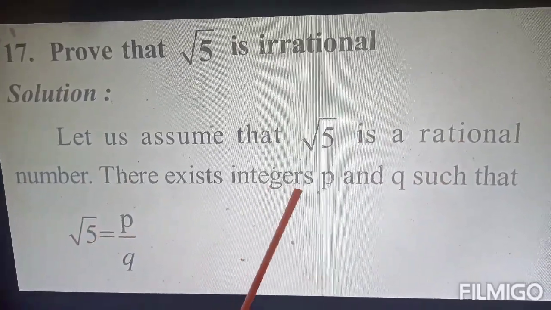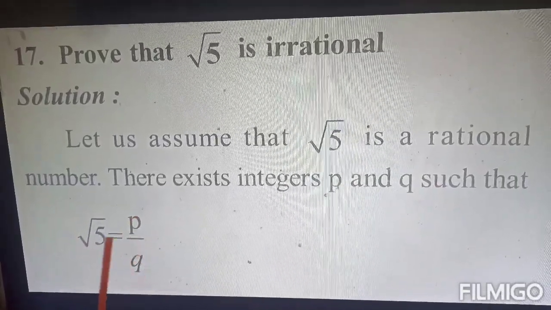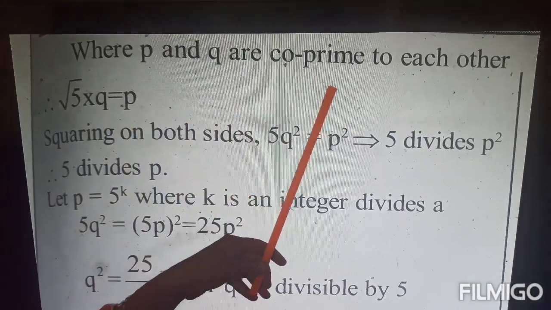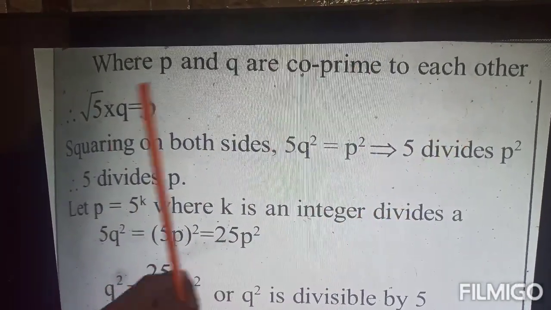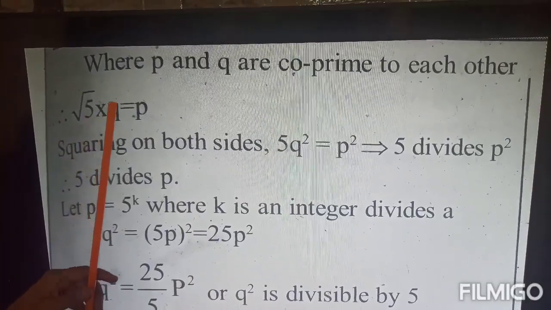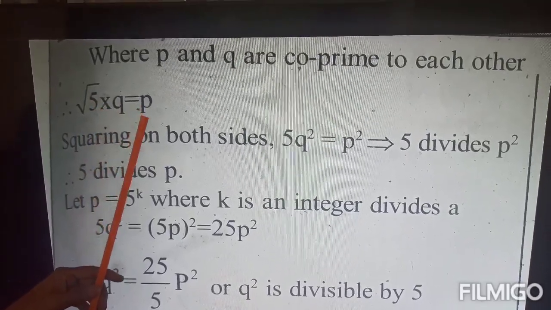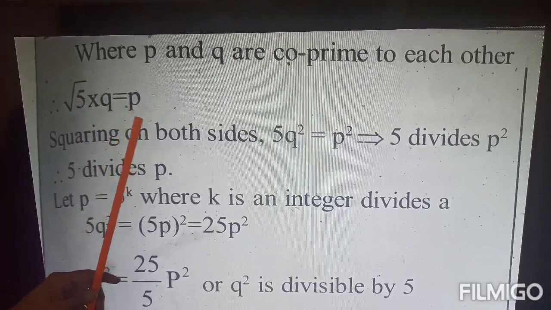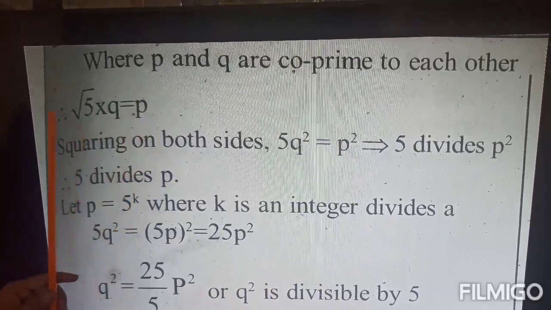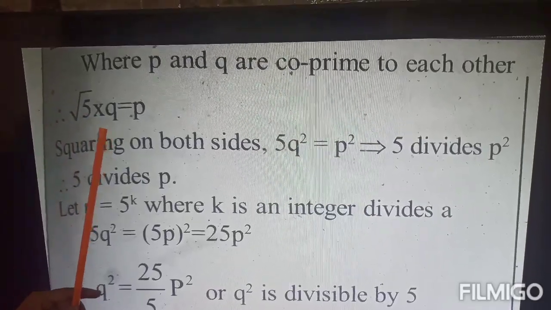There exist integers p and q such that root 5 is equal to p by q, where p and q are co-prime to each other. Therefore, root 5 into q, taking that denominator q to this side, is equal to p. Right side p by q, then q transferred to the left side becomes root 5 into q.